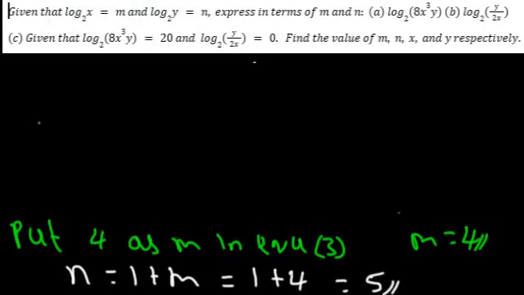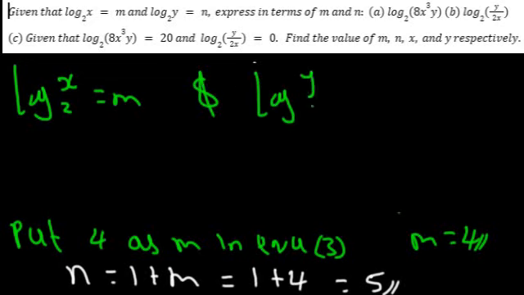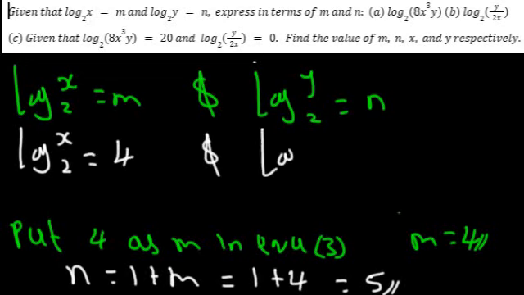So definitely we can use the definition of logarithms to solve for x and y, since m and n are known. So we have log of y to the base of 2 equals n. When m is 4, log of x to the base of 2 will be equal to 4, and log of y to the base of 2 will be equal to 5.